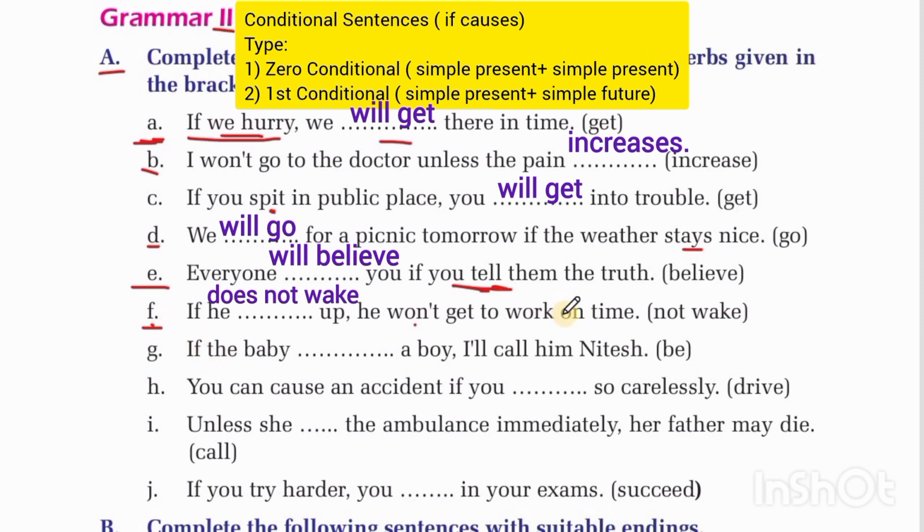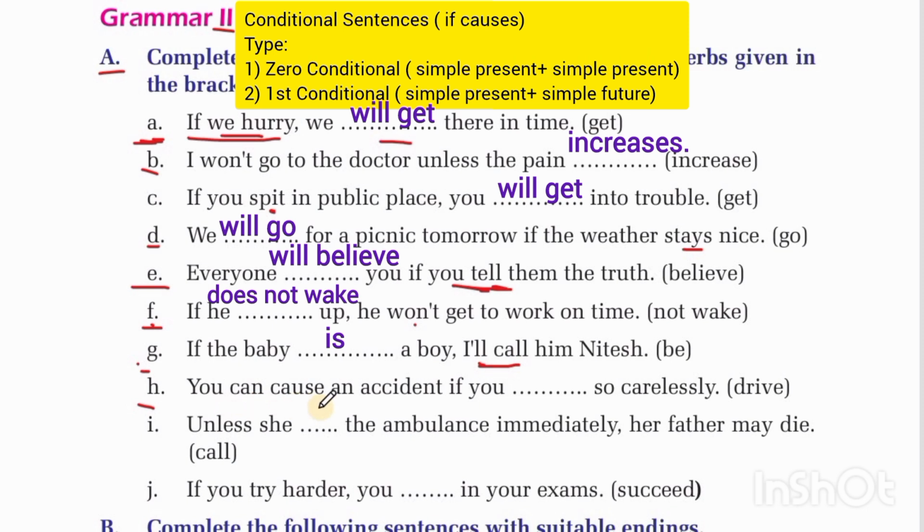Condition, future result. G. If the baby is a boy, I'll call him Nitesh. Is, simple present. I'll means I will, so will plus verb 1. Will call, simple future. This is also first conditional.